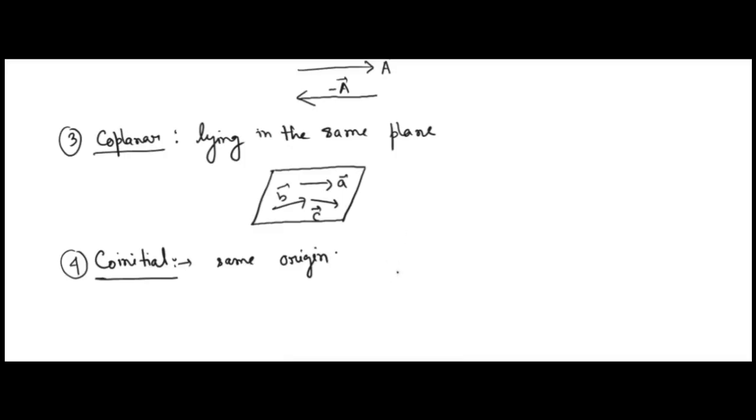That means a vector, b vector, c vector. The a, b, c vectors are co-initial vectors because they have the same initial point O. So a, b, c are co-initial vectors.